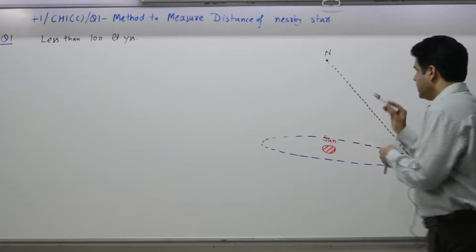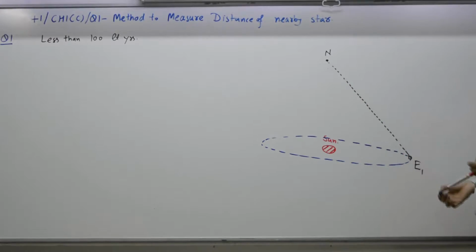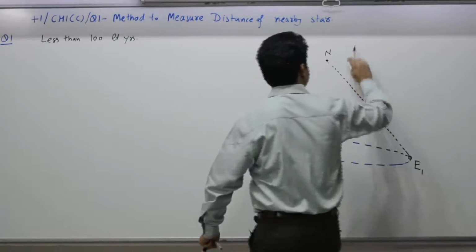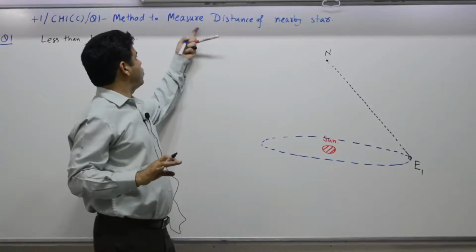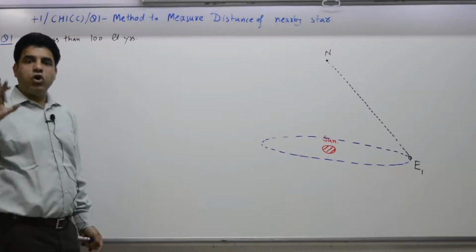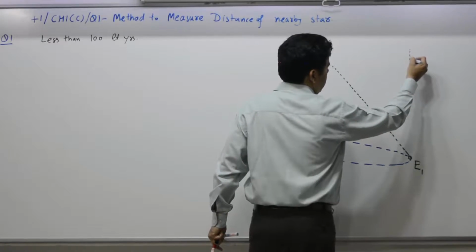When you see it, you will see the star N along this line. If you see a far away star at a distance much more than 100 light years, then all the rays coming from those stars are parallel.